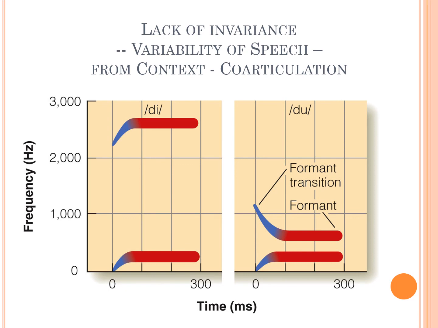One of the things that makes it incredible that we understand speech when we're listening to somebody else is the lack of invariance. There's a great deal of variability in speech, and I'm going to go through a number of reasons and things that cause this variability, or this lack of invariance.